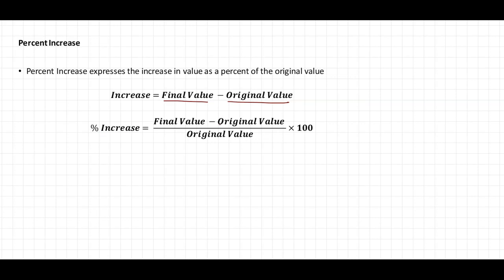So your percent increase, another way to write this, is going to be your increase divided by your original value multiplied by 100. Because with a percent, you have to have a base. Your base is your starting point. You always calculate your percent increase based on your starting point. And in this case, your starting point is your original value.